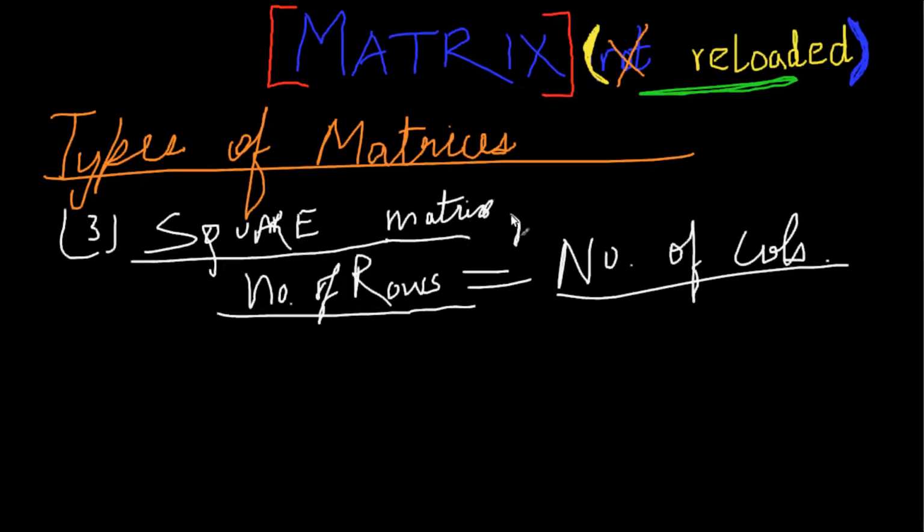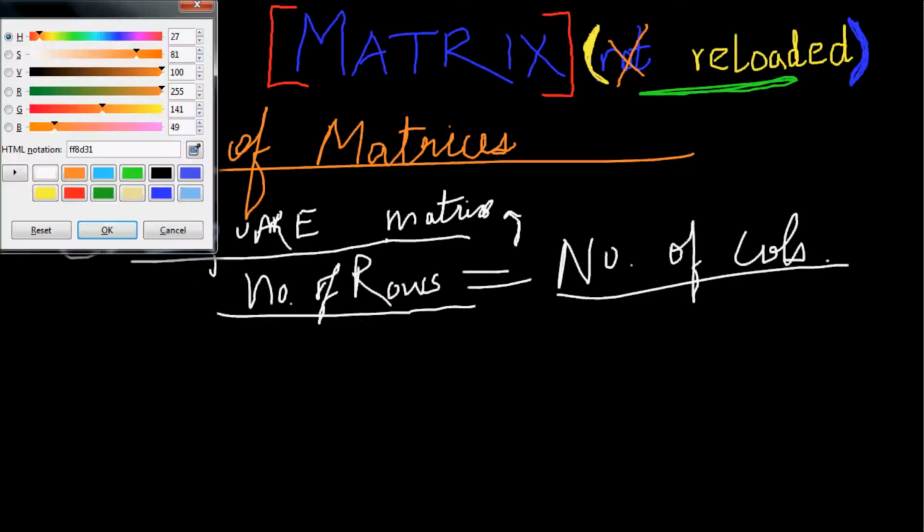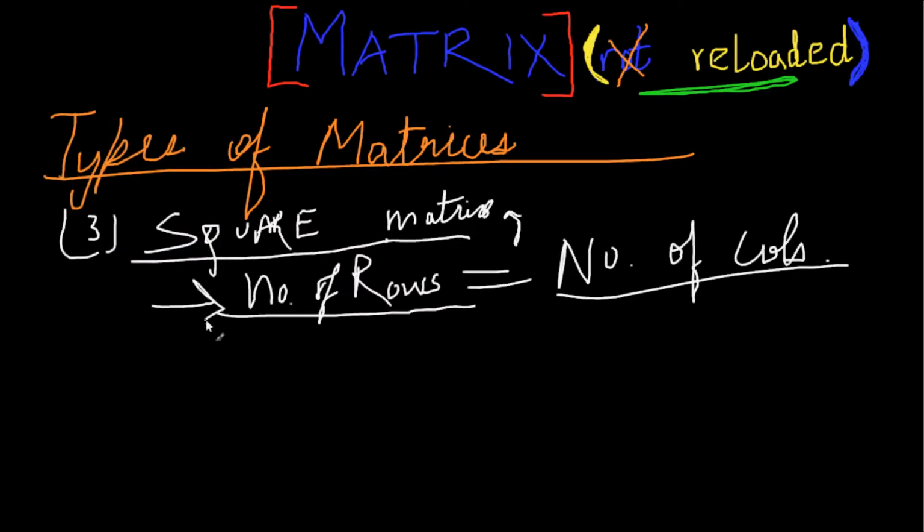So this right here is the necessary condition for a square matrix. In a square matrix, the number of rows equals the number of columns.